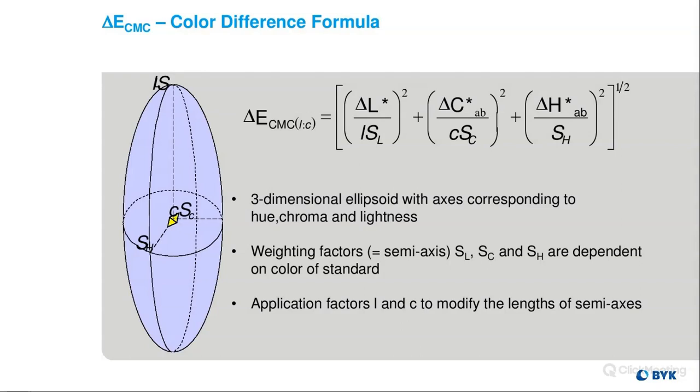So that SL, SC, and SH are dependent on the color of the standard. Depending on that color, these weighting factors can change, and that can change what that ellipse is going to look like with the size and the shape. And then you have these application factors, L and C, that modify the lengths of these axes.